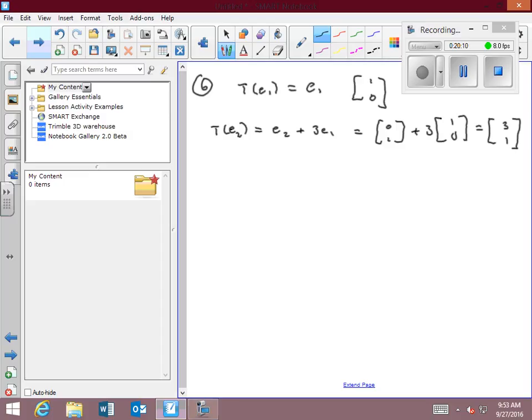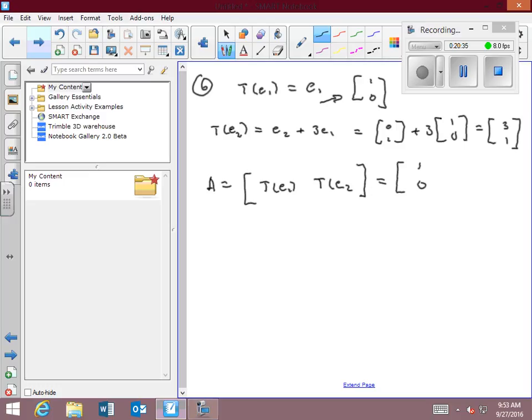And then your A matrix is actually the transformation of E1, the transformation of E2. And E1's transformation was this thing right up here, 1, 0.